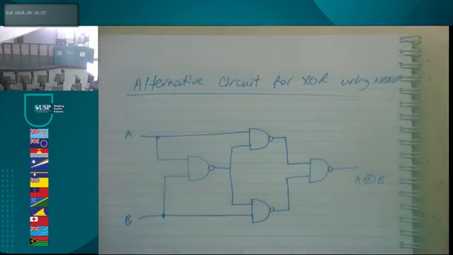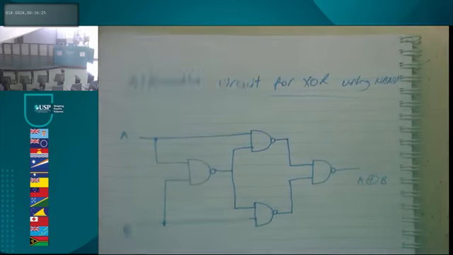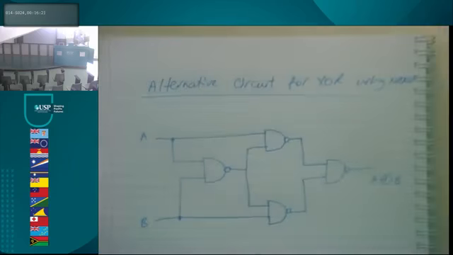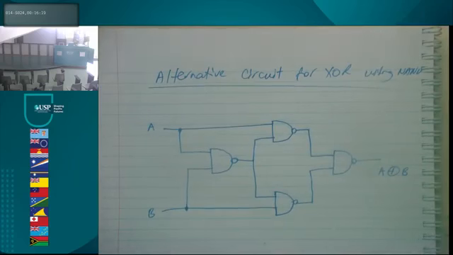This is an alternative circuit. When you draw that formula, if you remember the formula which I've just instructed you, this will be different from this. But they are both XOR gates.